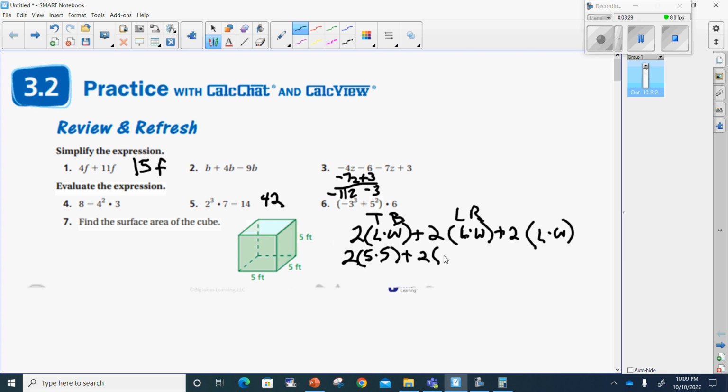So we can say this is going to be 5 times 5 again. We'll add that to 2 times length and width of the front and the back. Well, the front and the back are 5 by 5 as well. So again, 5 times 5.